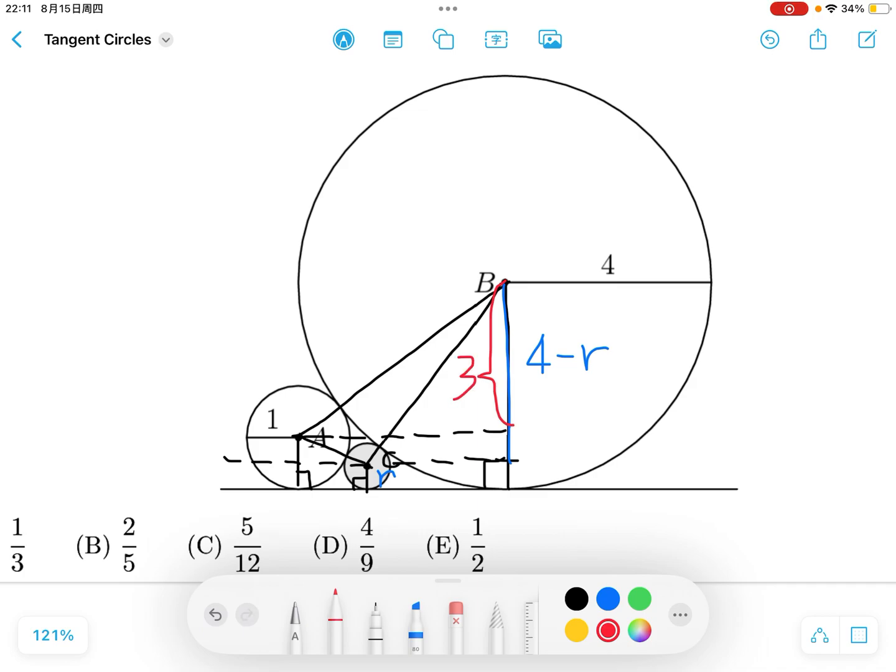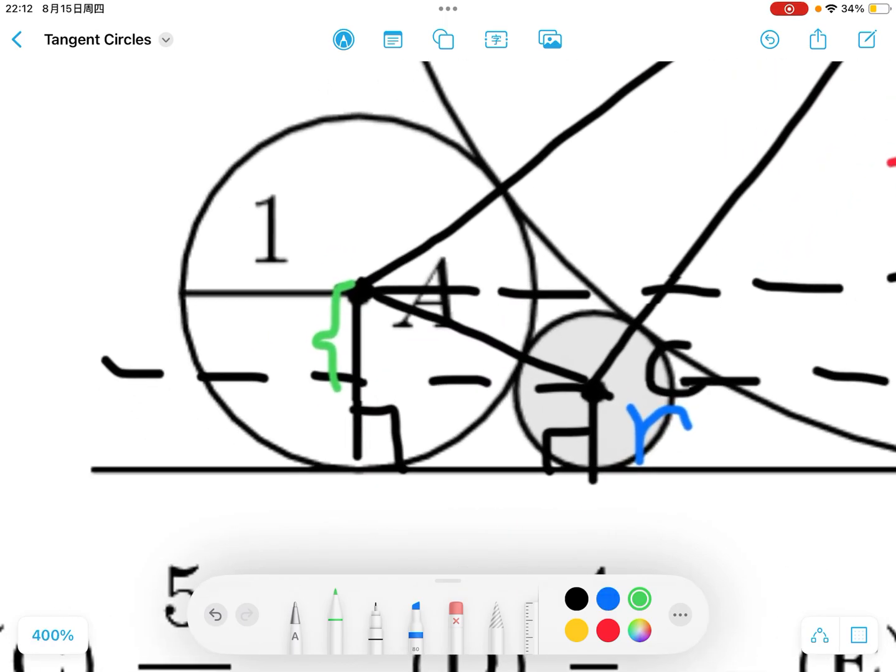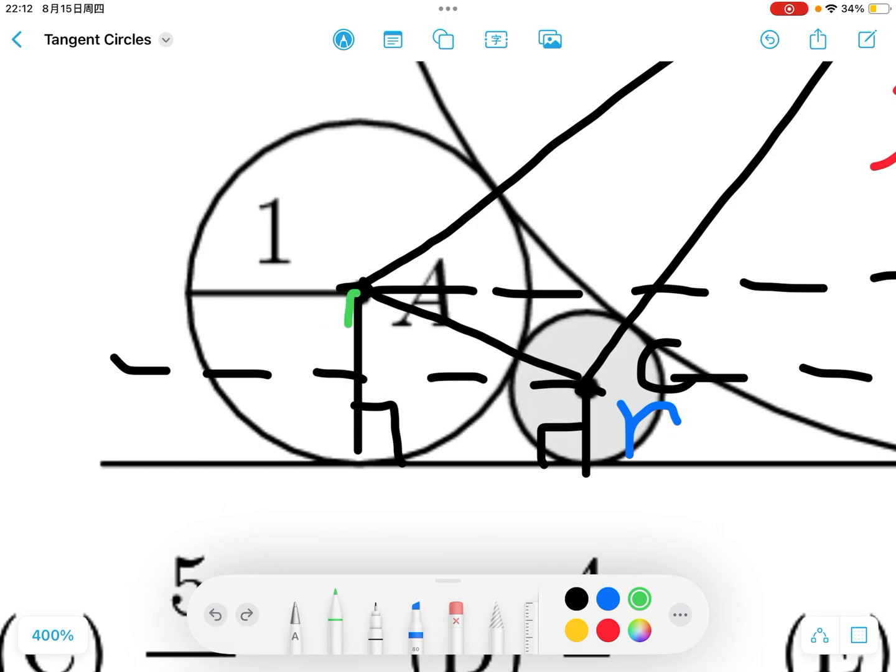Okay, so what else can we get? Oh, okay, so this part here is going to be 1 minus R because the part below is R and the whole length of the radius is 1, so this is 1 minus R.